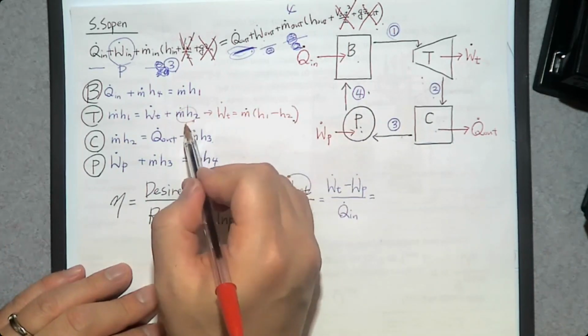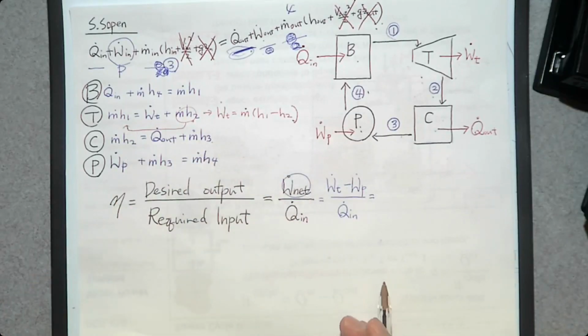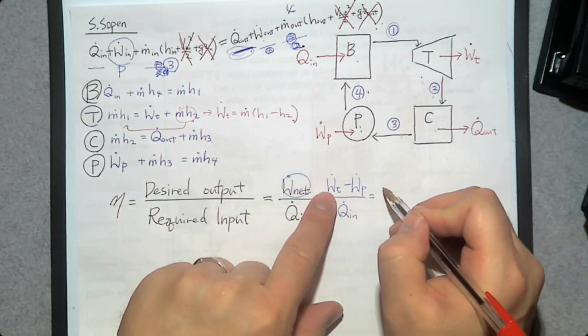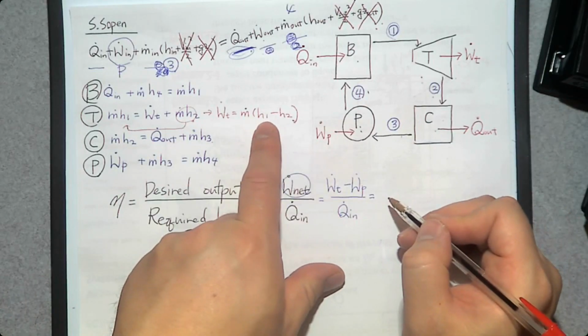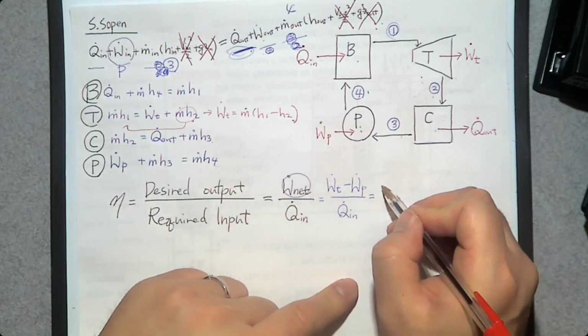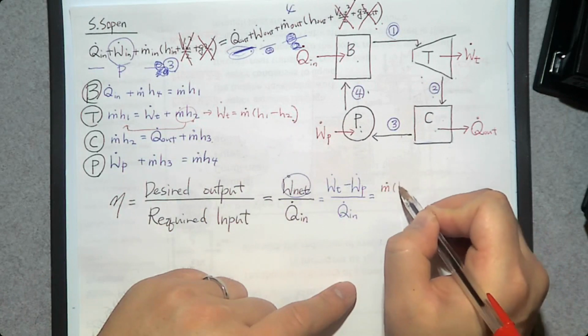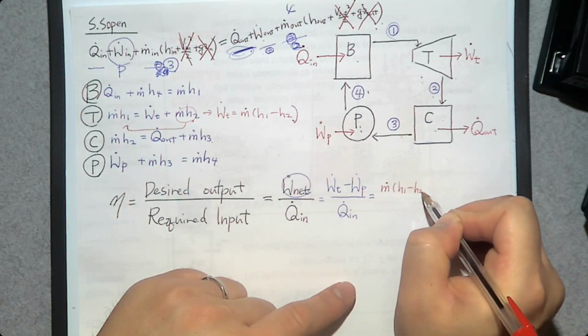If you move this one to the other side, then yeah, we can do that. So we can replace this W dot T with m dot (h1 minus h2).